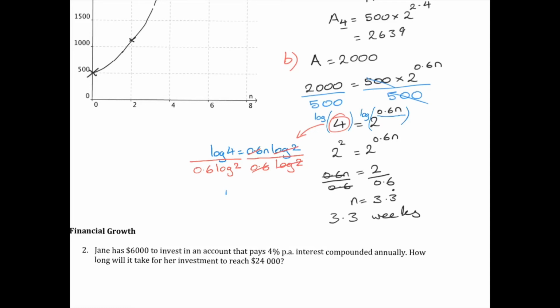And finally, if you put all that in your calculator, you should get the same as before. Having just done that myself, I still got 3.3 recurring weeks. So I just wanted to show you that was another way to use logs to solve your equation if your left-hand side number wasn't a nice power of 2.